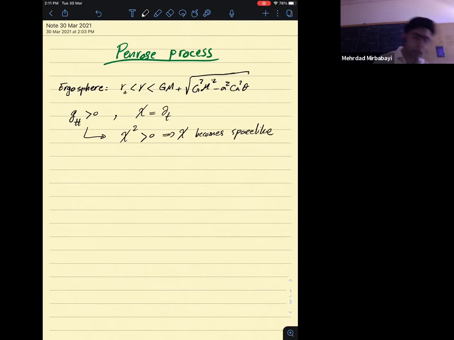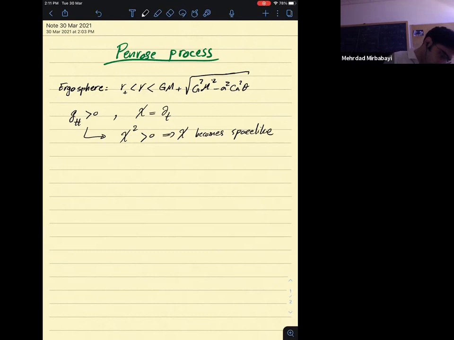So now we said that when we have isometries, that leads to conservation laws. In the case of the time isometry, that conservation law is something that we would normally call conservation of energy.